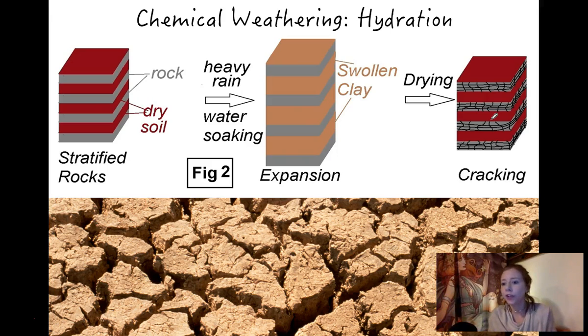And just like our freeze-thaw action with the mechanical weathering that you saw, this shrink-swell action loosens up and breaks apart rock or clay, and it's another form of weathering. So in the next series of slides, we'll talk about how chemical and physical weathering work together and then the later processes that happen.